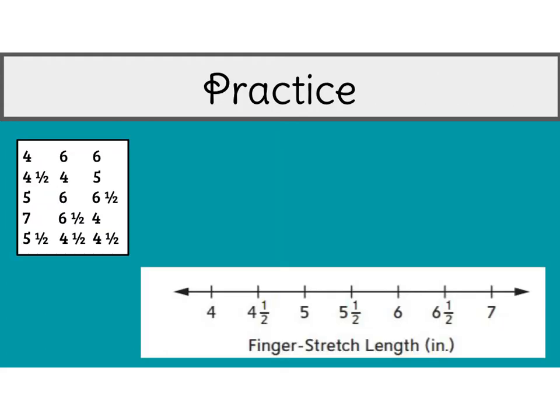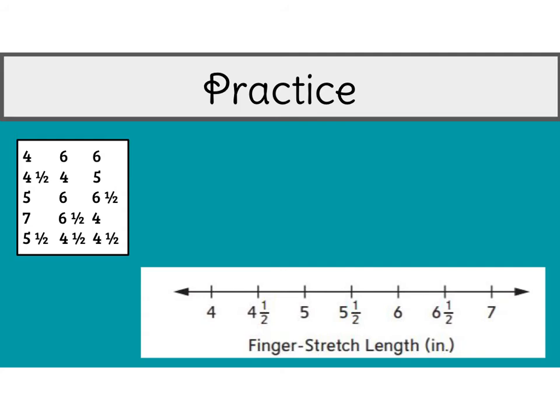So we're going to practice here a little bit with some measurements that I have here on this screen that are the finger stretch length. And I just have some numbers here that we're going to go ahead and put into a line plot.